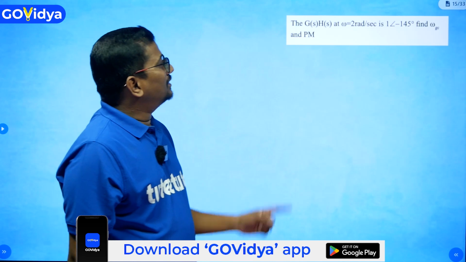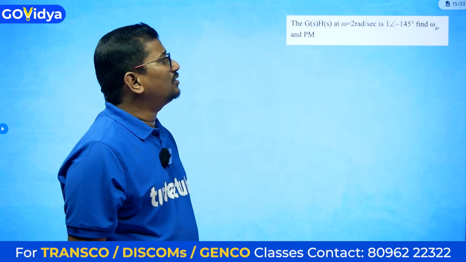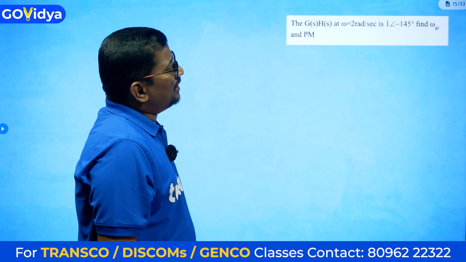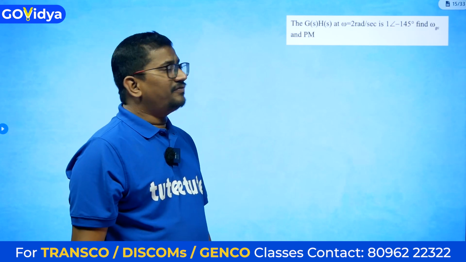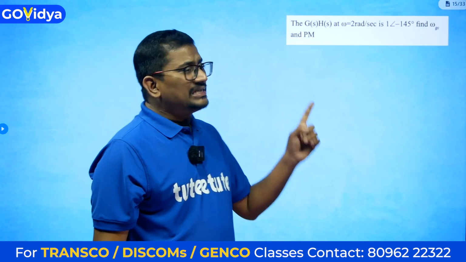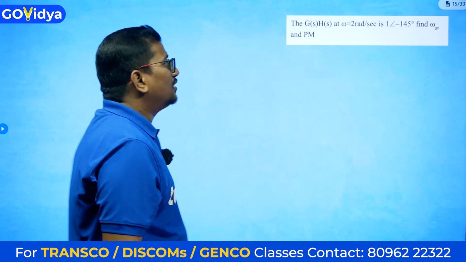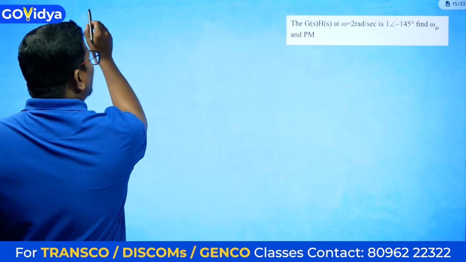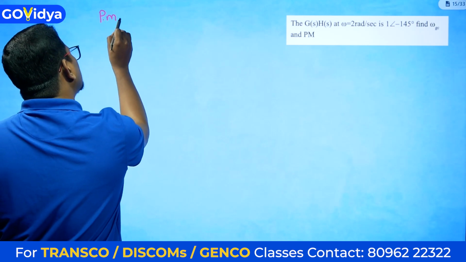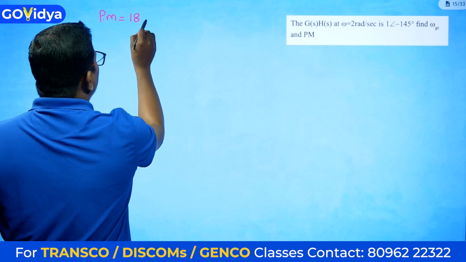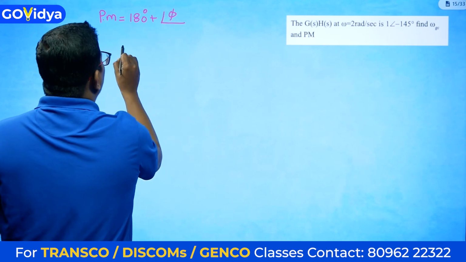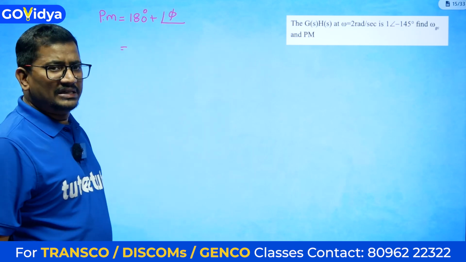The question is: the angle of G(s)H(s) at omega equal to 2 radians per second is minus 145 degrees. Find omega GC and phase margin. Generally, we calculate phase margin like this: 180 degrees plus the angle of G(s)H(s).